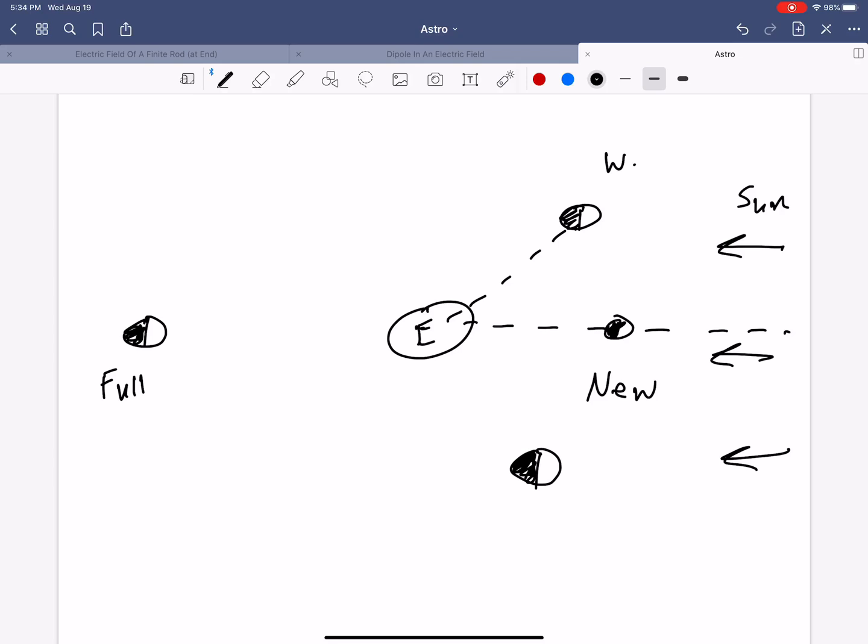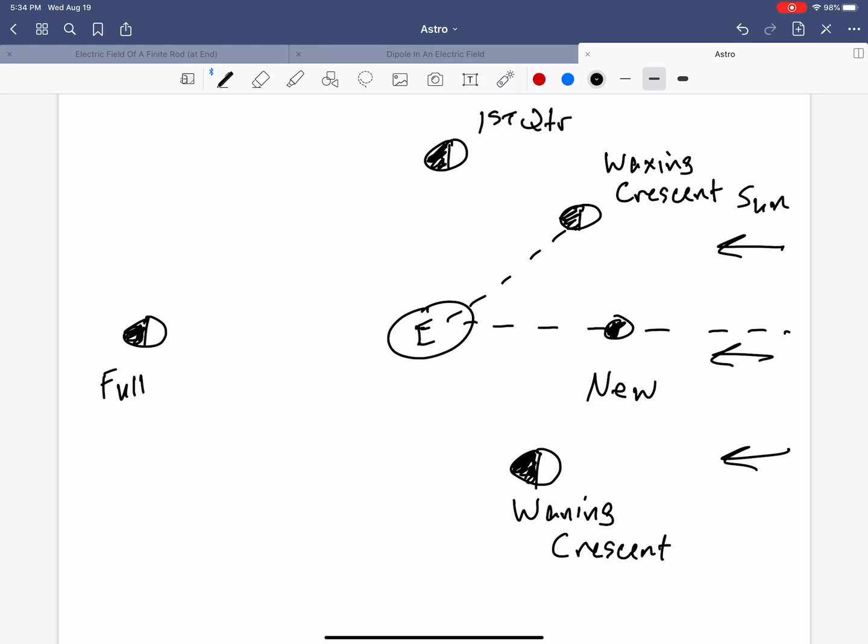This will be a waxing crescent, and this will be a waning crescent. The quarter moons, right here, this is first quarter, and down here is third quarter. Remember that angle is 90, the same as in our example.